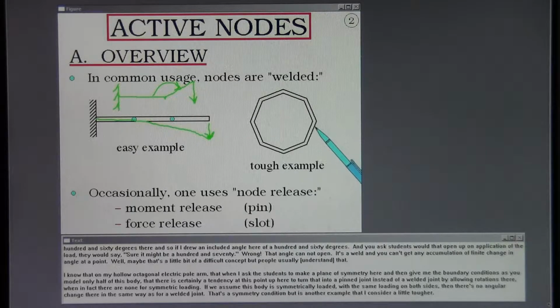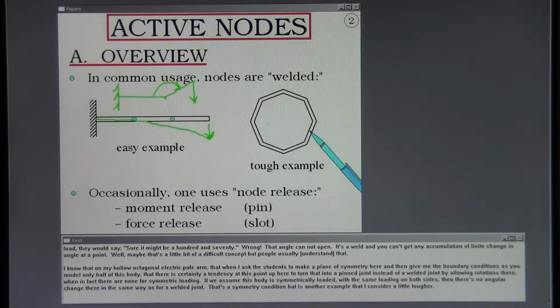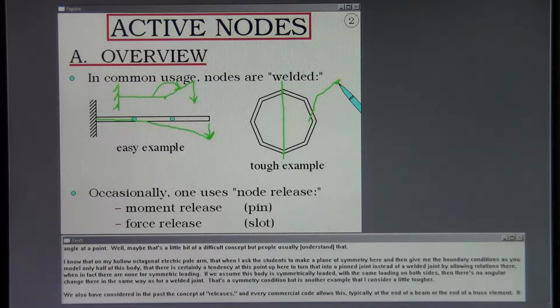I know that on my hollow octagonal electric pole arm, when I asked the students to make a plane of symmetry here and then give me the boundary conditions as you model only half of this body, there is certainly a tendency at this point up here to turn that into a pin joint instead of a welded joint by allowing rotations there, when in fact there are none for symmetric loading.